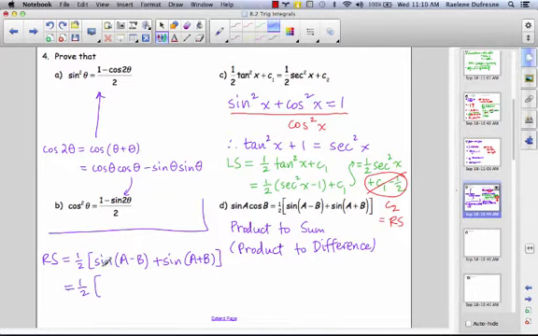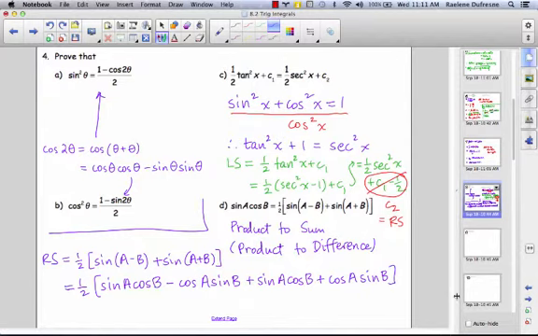So we get 1/2 times sine of a difference expands as sine of the first, cosine of the second, same sign, plus or minus, cosine of the first, sine of the second. And then the sine of the sum of two angles expands as sine of the first, cos of the second, same sign in between the angles, which is a plus, cos of the first, sine of the second.